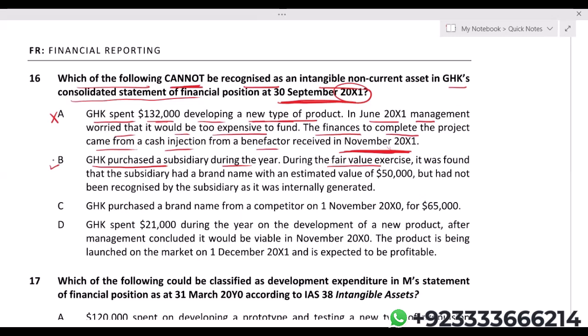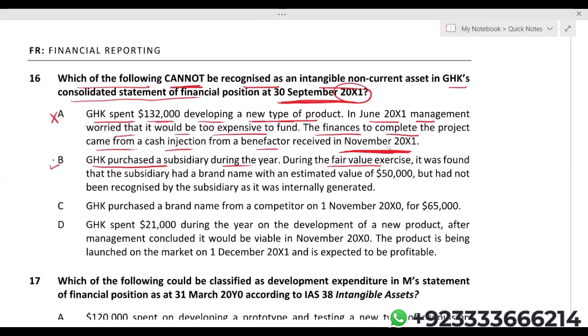Now, it is very much possible that the subsidiary you have acquired has a brand, but they have not recognized that brand because, according to IAS 38, an internally generated brand cannot be recognized. If you recognize an internally generated brand, it is like internally generated goodwill, which is strictly prohibited in IAS 38.